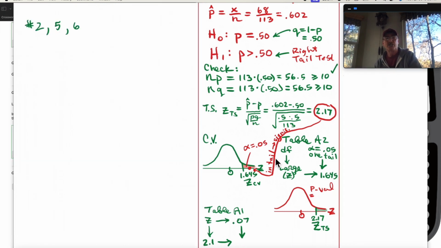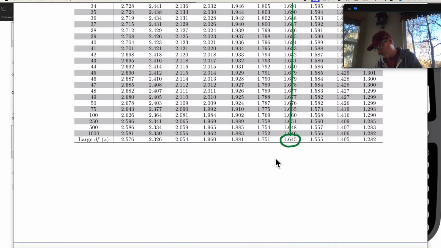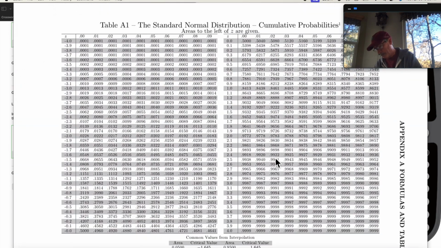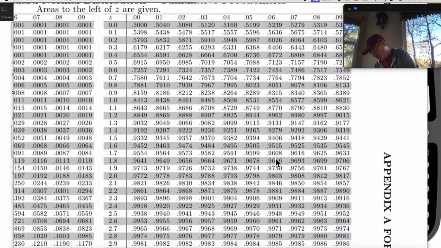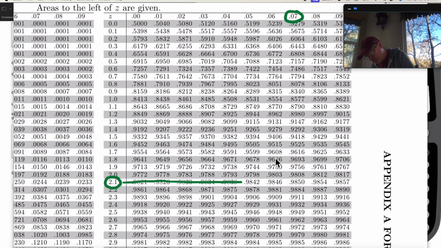So 2.1 and 0.07 like that. So that's 0.9850. That's what we're seeing in the table here.